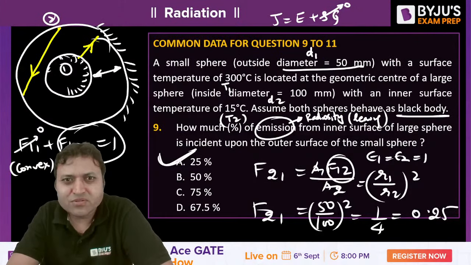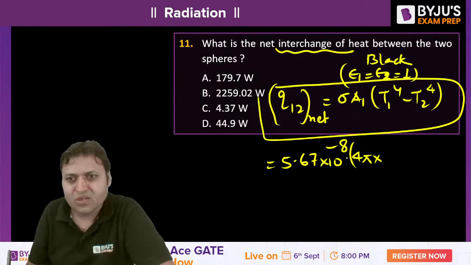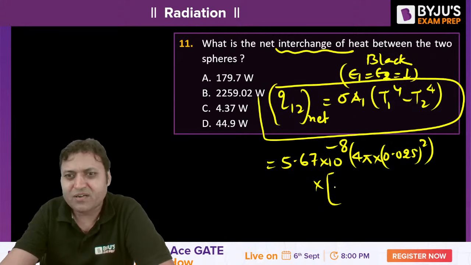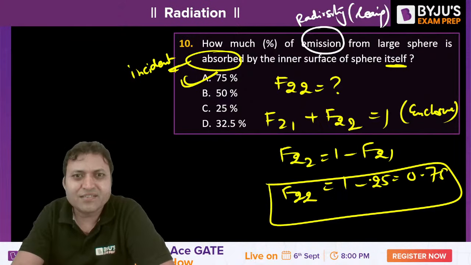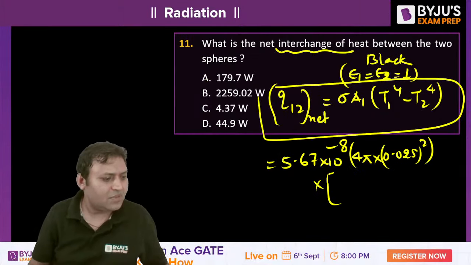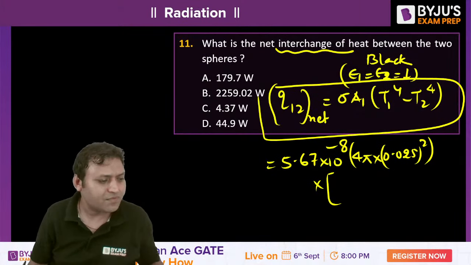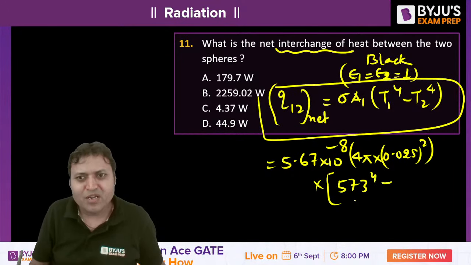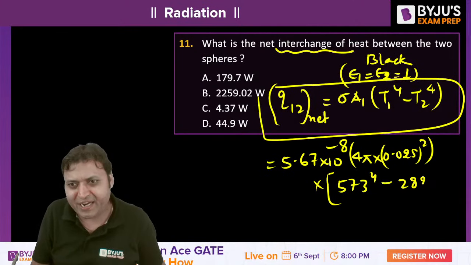And you need to convert the temperature into Kelvin. 0.025 into T1 to the power 4. T1 is 300, so it is 573. It will be 573 to the power 4 minus, 15 means 288 to the power 4.